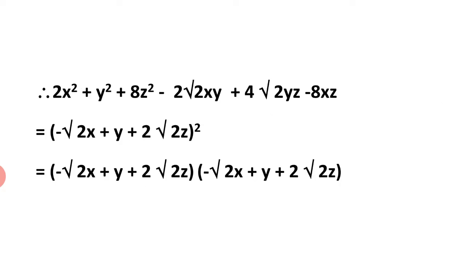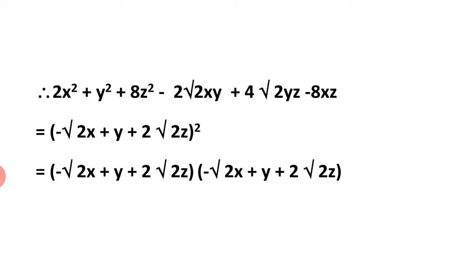So therefore the factors of the given thing are (minus root 2 x plus y plus 2 root 2 z) whole square. That is, bracket is multiplied by the bracket. So we have written the final answer. I hope it is clear to you.